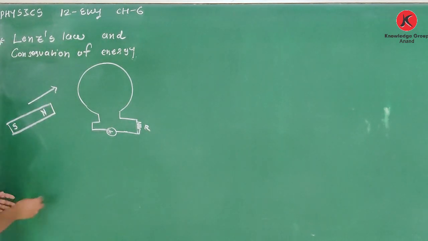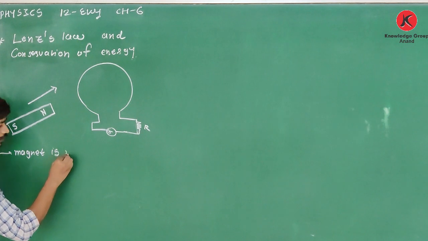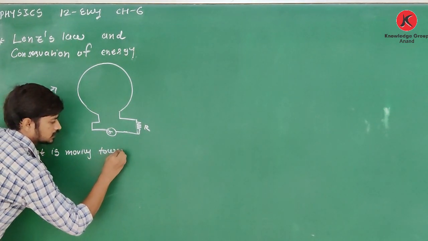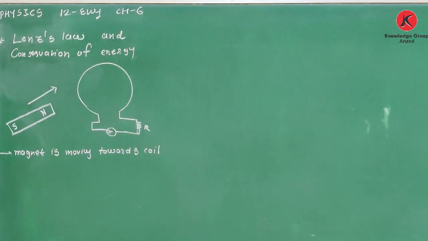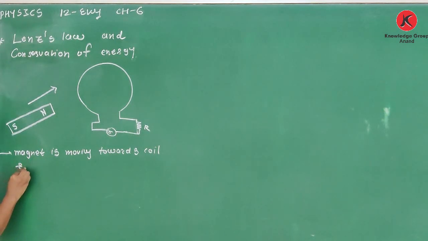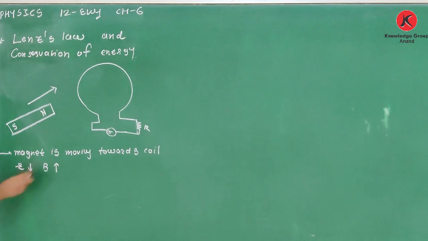As the magnet is moving towards the coil, the distance between them decreases. So the magnetic field linked with this coil increases.